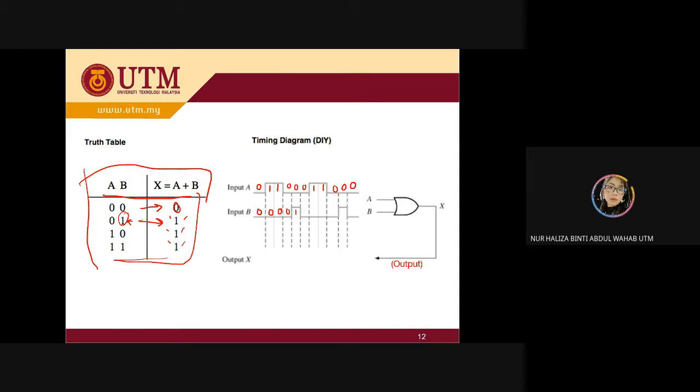I mark it so that it's easy for me to get and see what is my output. 0, 0, of course, I'm going to get 0. 1, 0, I'm going to get 1. 1, 0, I'm going to get 1. 0, 0, 0, 1, 0, 1, 1. 0, 1, 0. Correct me if I'm wrong because I make it very fast. So this is how your signal will look like.